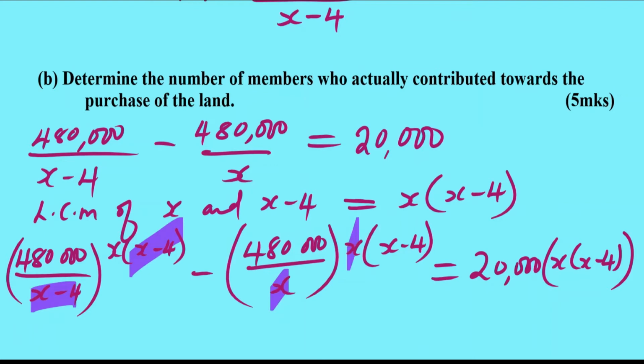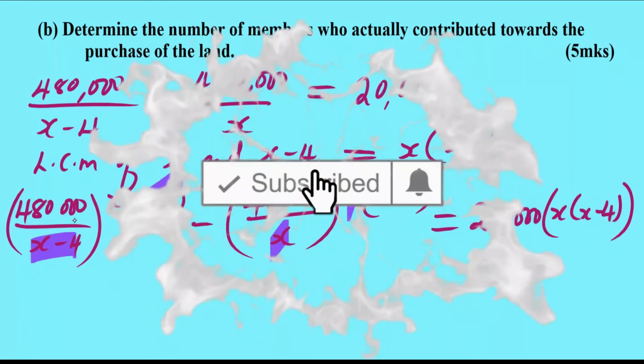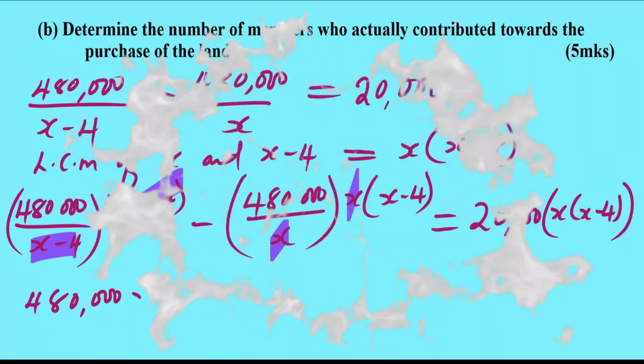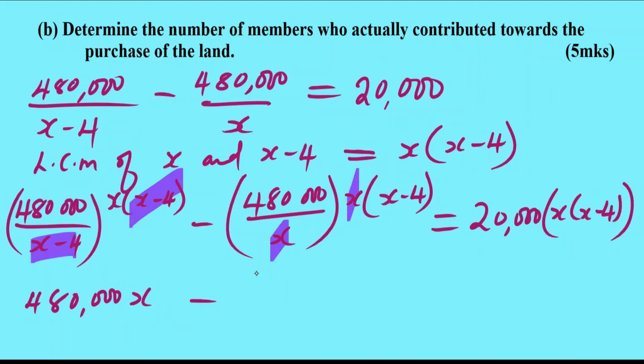So in this part, when you open this bracket, we shall have 480,000 X. When you open this bracket here, the signs will be positive because of this negative here and this negative. Multiply 480,000 times 4, this will give 1,920,000. That is what you're supposed to get.